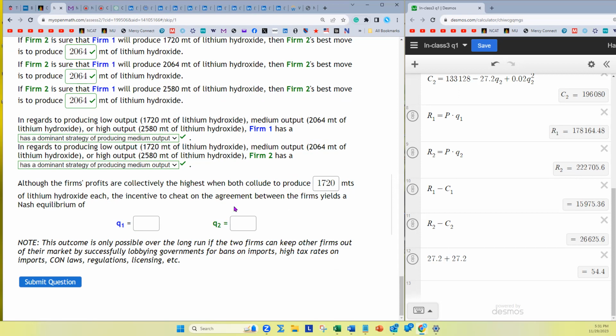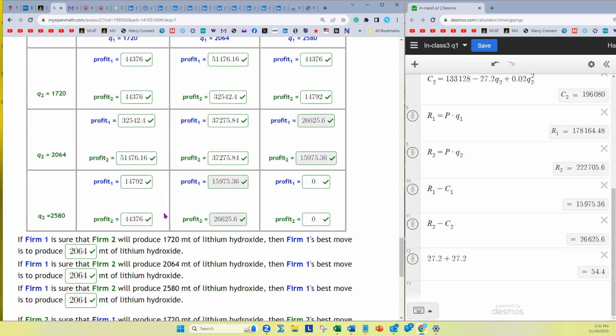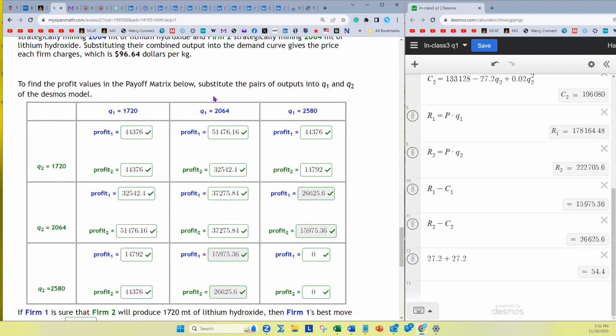The incentive to cheat on the agreement between the firms yields a Nash equilibrium of what? Well, the Nash equilibrium is 2064, right? Why? Because given any decision of firm 2, firm 1's profits are maximized when it chooses 2064, right? And the same goes for firm 2.